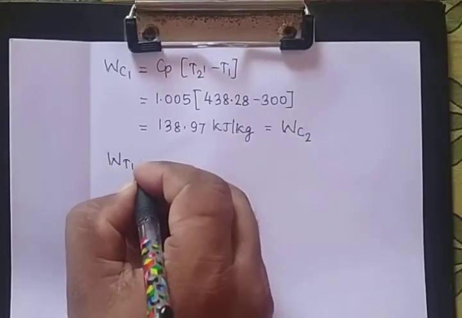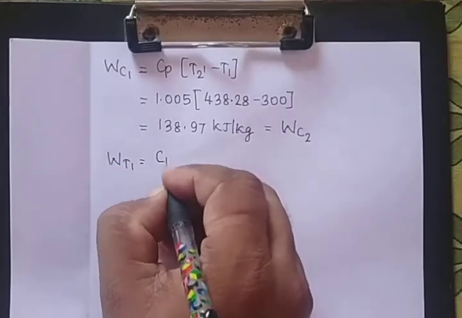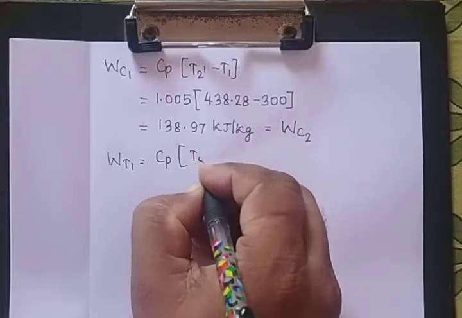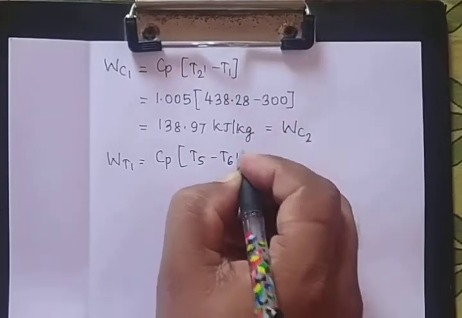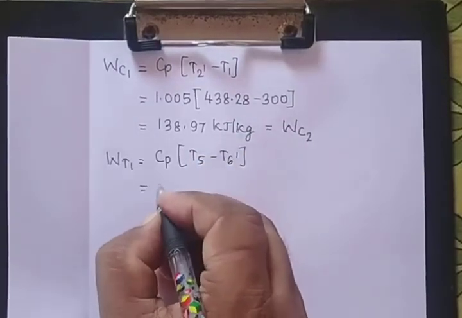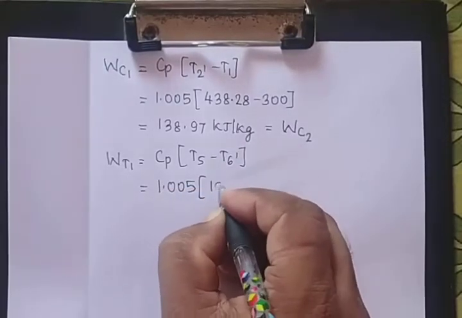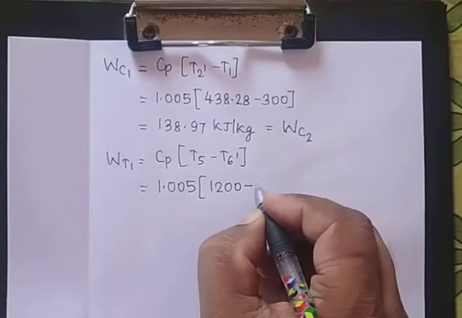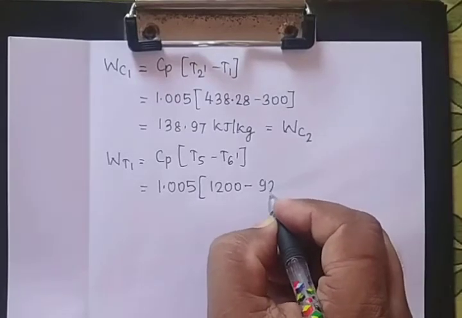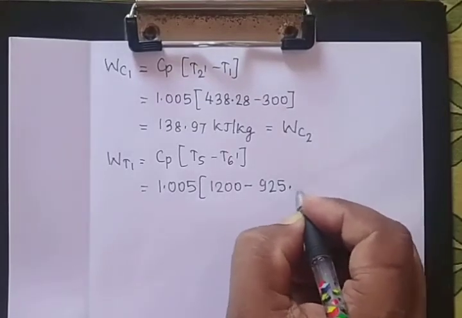That is work done by turbine 1 is Cp T5 minus T6 dash. That is 1.005 into bracket 1200 minus 925.21.